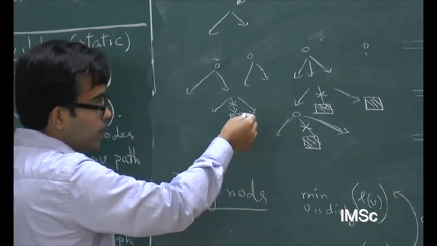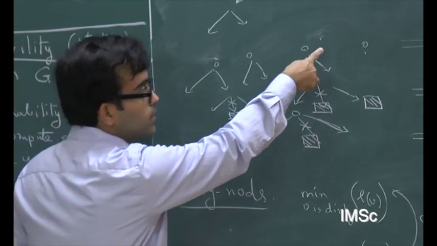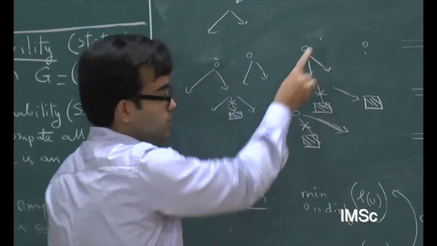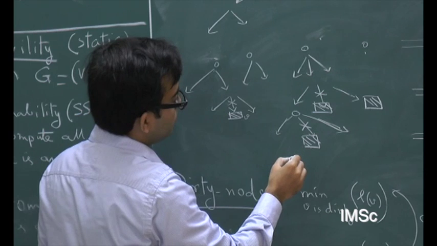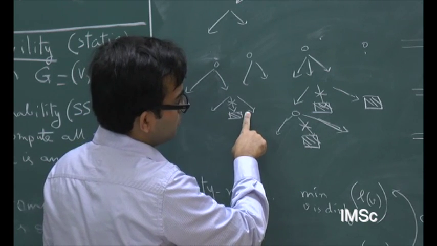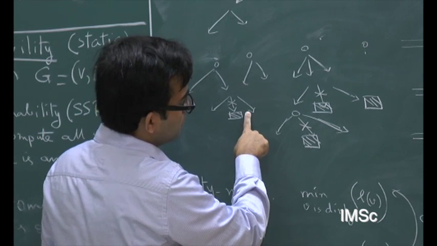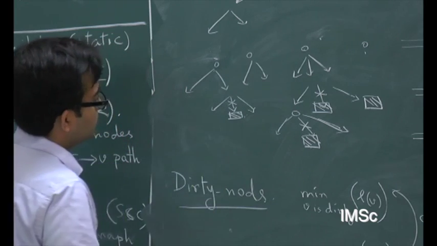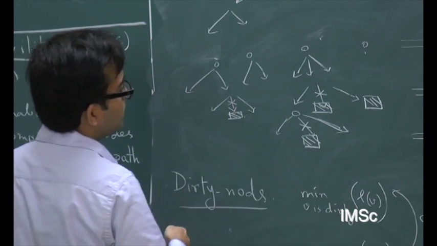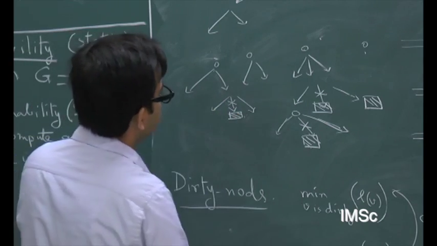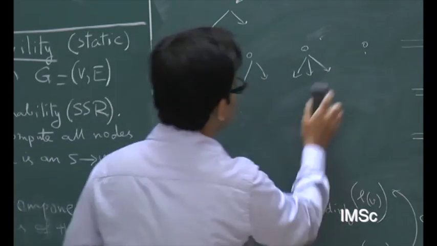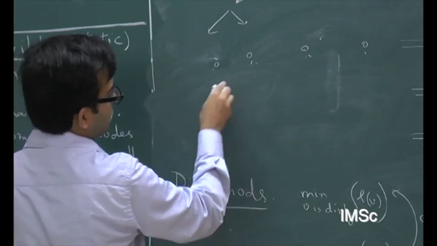Check if it has an incoming edge from some other node in layer I. So this is V. I drew this picture wrong. Just 1 second. If this is layer I plus 1, layer I plus 2. Sorry, let me just make this thing clear.